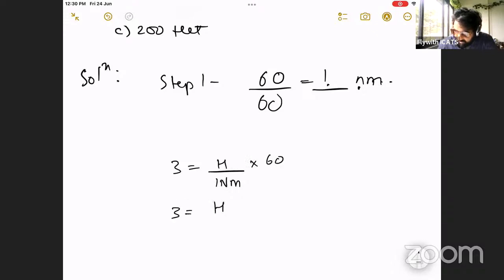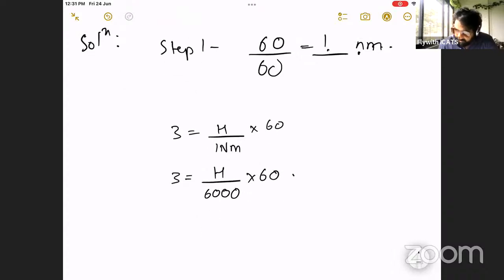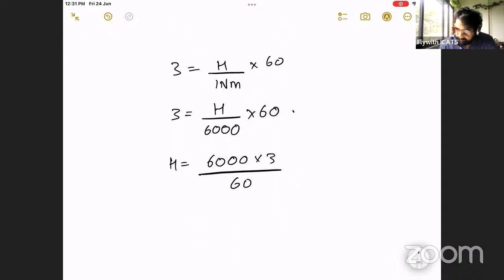Now in this formula, nautical mile has to be converted into feet. So 1 nautical mile is 6,000 feet, into 60. Therefore, h is equal to 6,000 into 3 upon 60. H is equal to 300 feet.